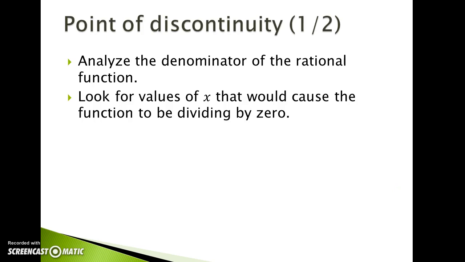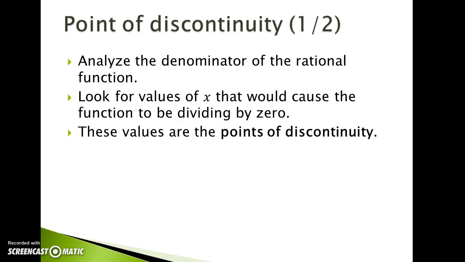Now let's talk about points of discontinuity. What we need to do is analyze the denominator of the rational function. We want to look for values of x that would cause the function to be dividing by 0. So basically what would we do? We set the denominator equal to 0 and say, hey, what does x have to be to make this equation work?